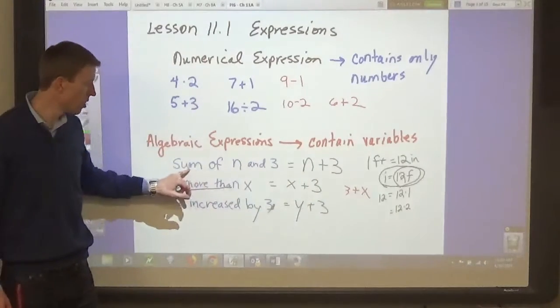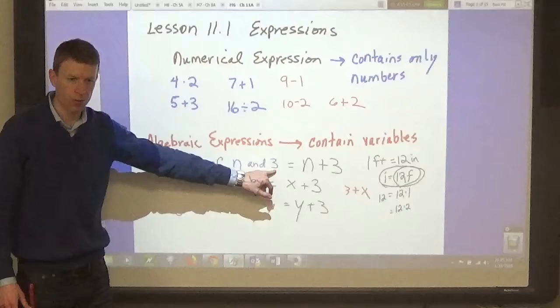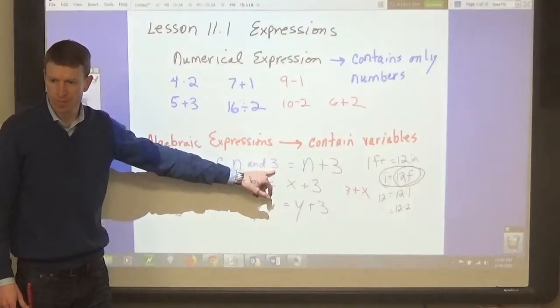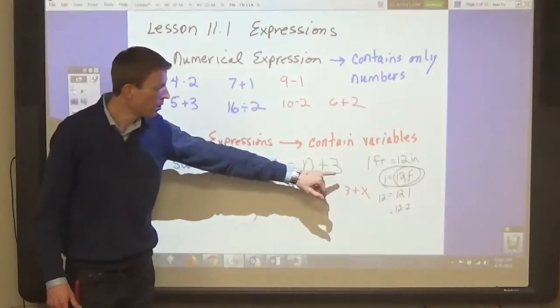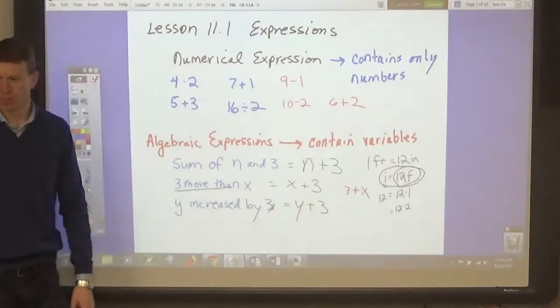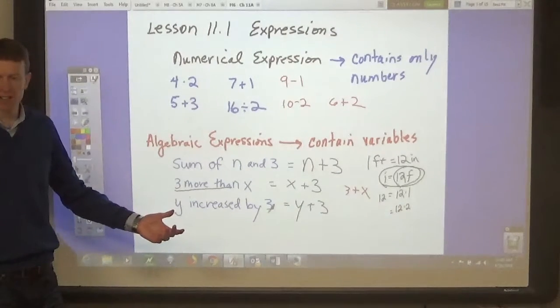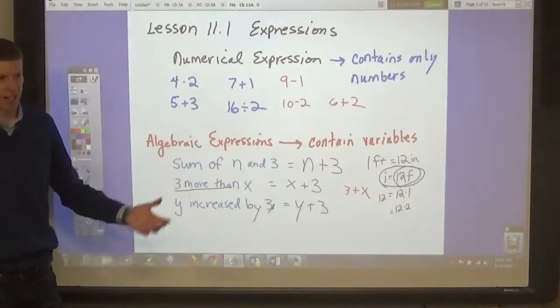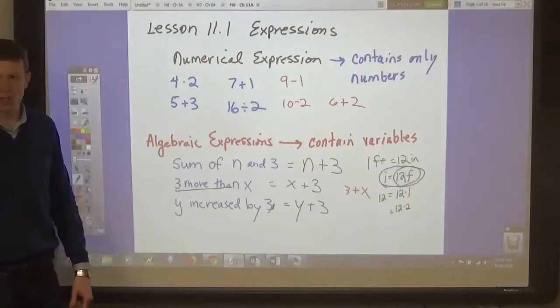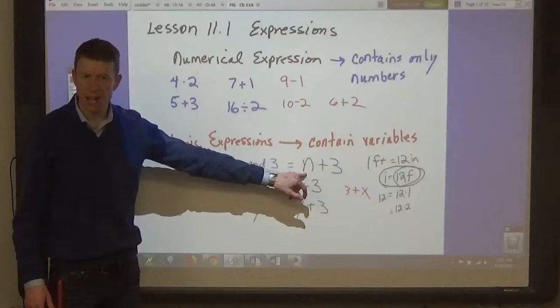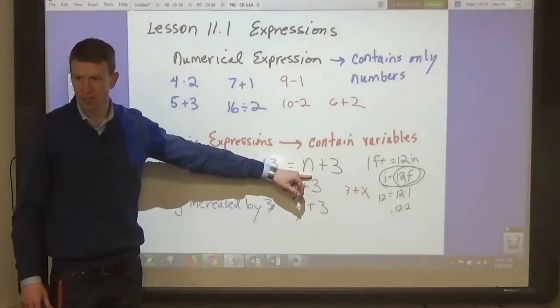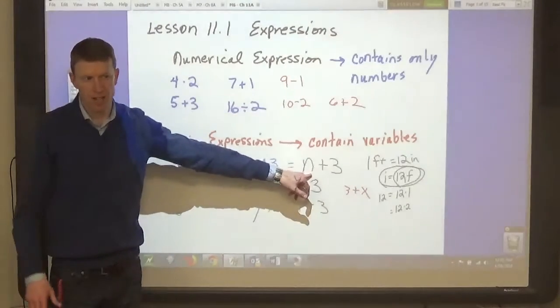So in this expression, the sum of n and 3 can be written as n plus 3, right? But the answer to that could be anything. Because you could replace the letter n with any number and get an answer.